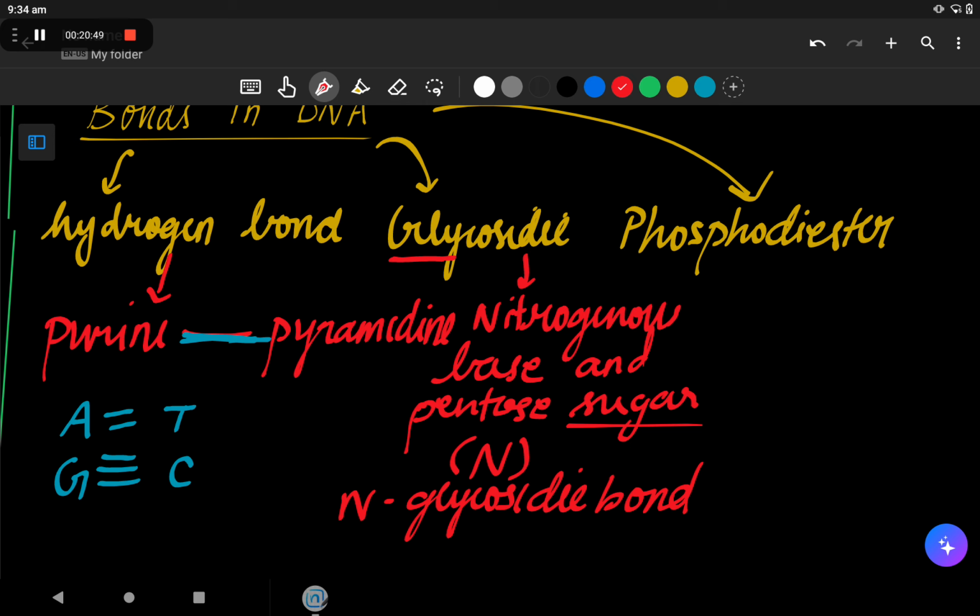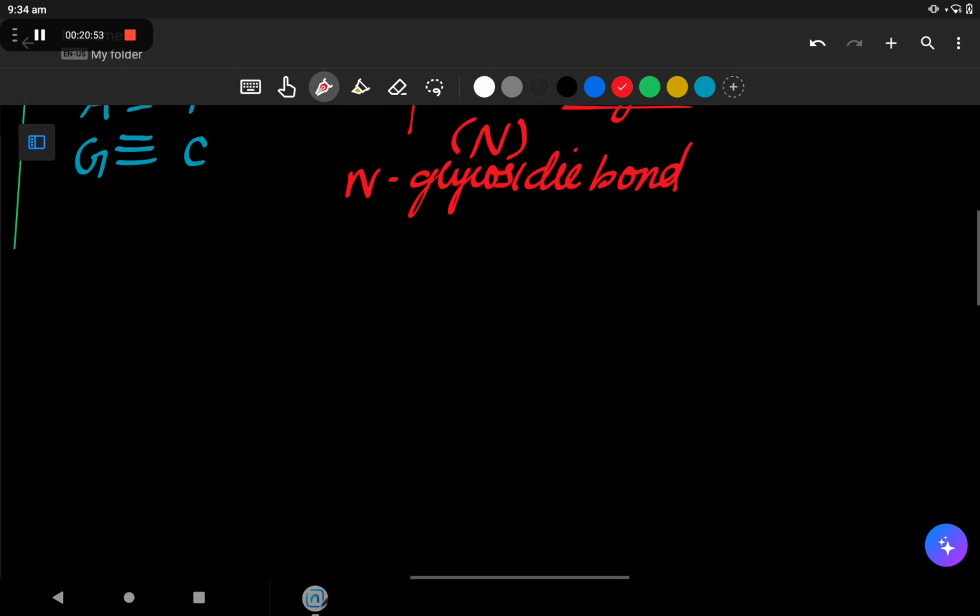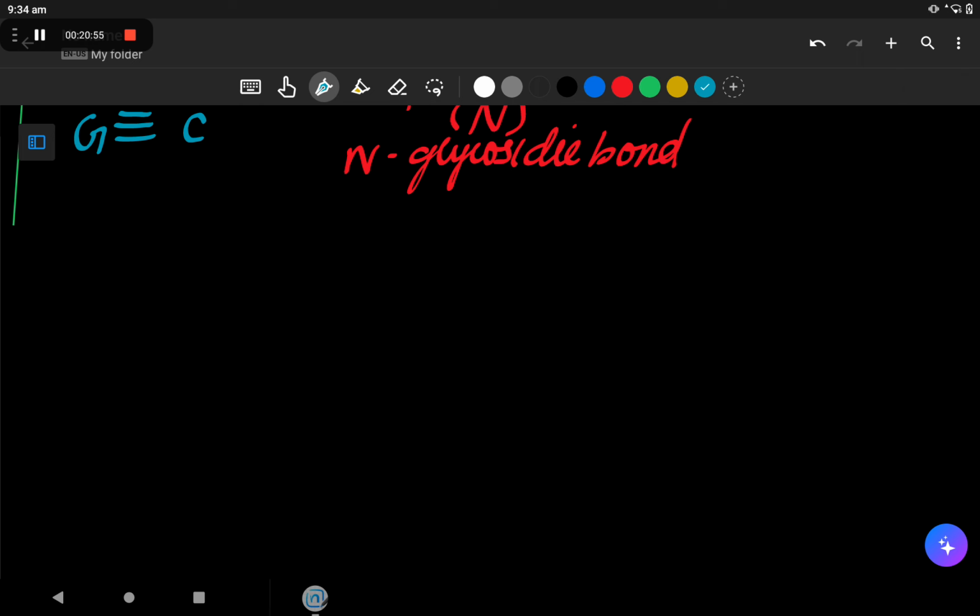Got it? Coming to the glycosidic bonds of nucleosides of DNA and RNA.